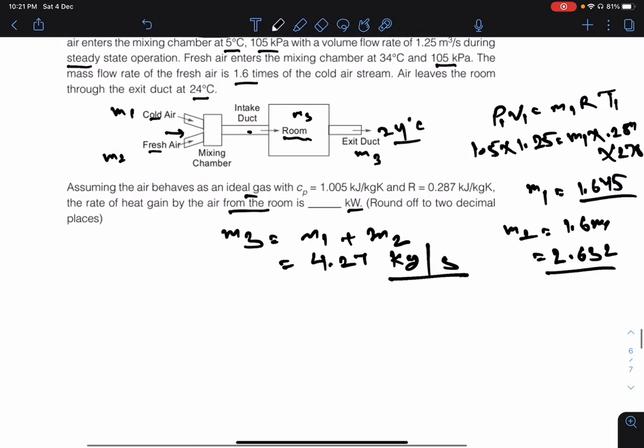So now we have to calculate the temperature of the room at this point. So that air is coming at this point.